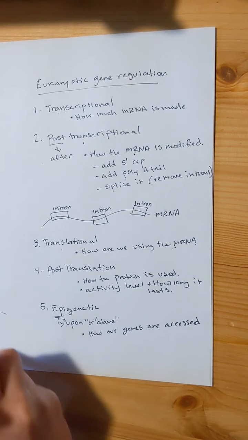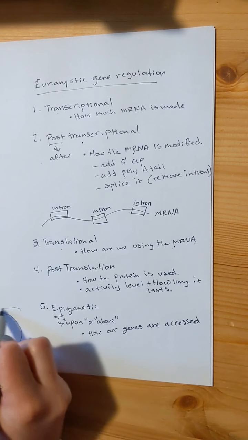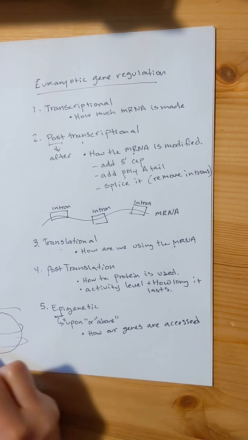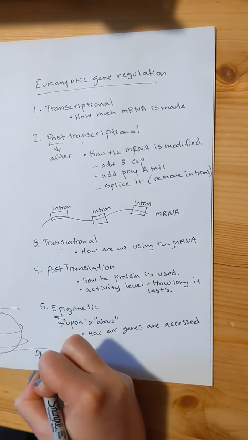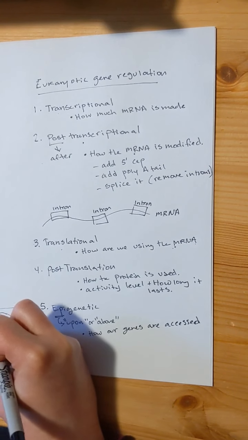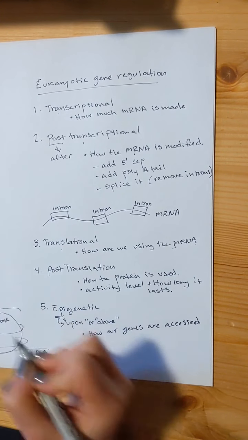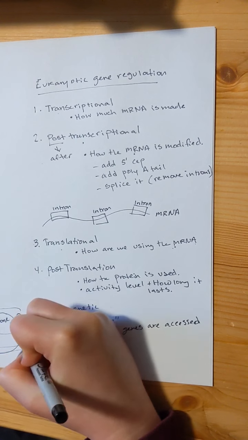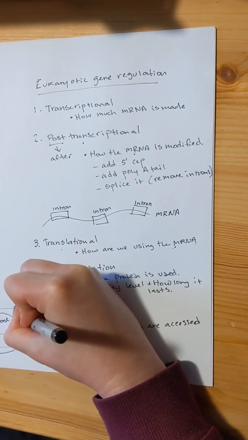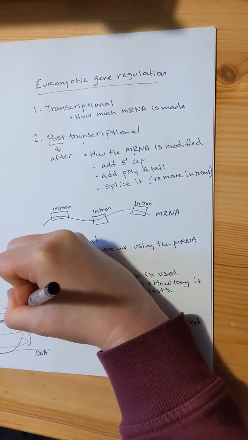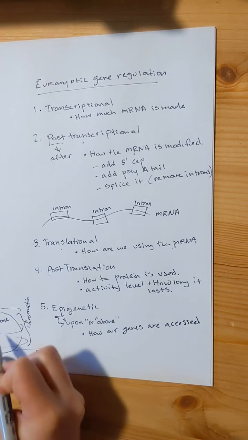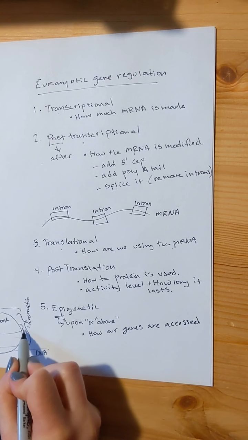Remember, a histone is a protein, and then DNA wraps around the histone protein. So that's it wrapping around. This is DNA. This is the histone. Together we call this chromatin. The mixture of DNA and histone proteins is called chromatin.